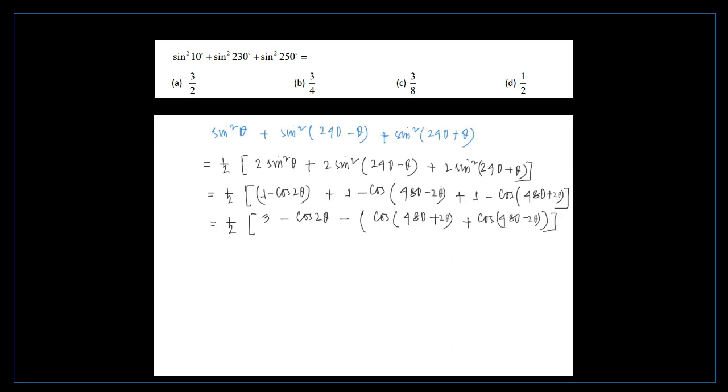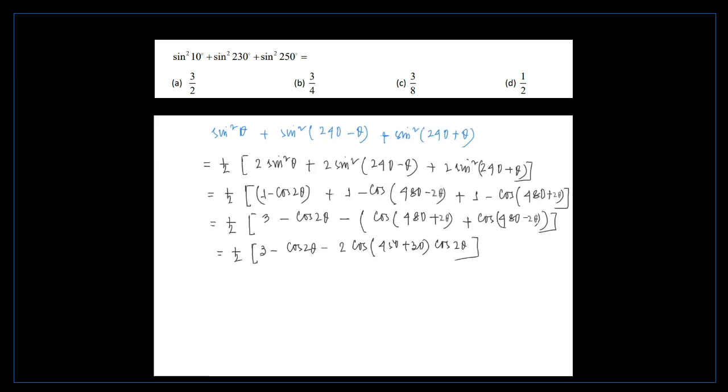Now here we can apply cos c plus cos d. So this is half, 3 outside, minus cos 2 theta minus, here we can apply the cos c plus cos d formula, which is 2 cos of c plus d by 2. So ultimately it is 480, and 480 can be written as 450 plus 30, into cos 2 theta.